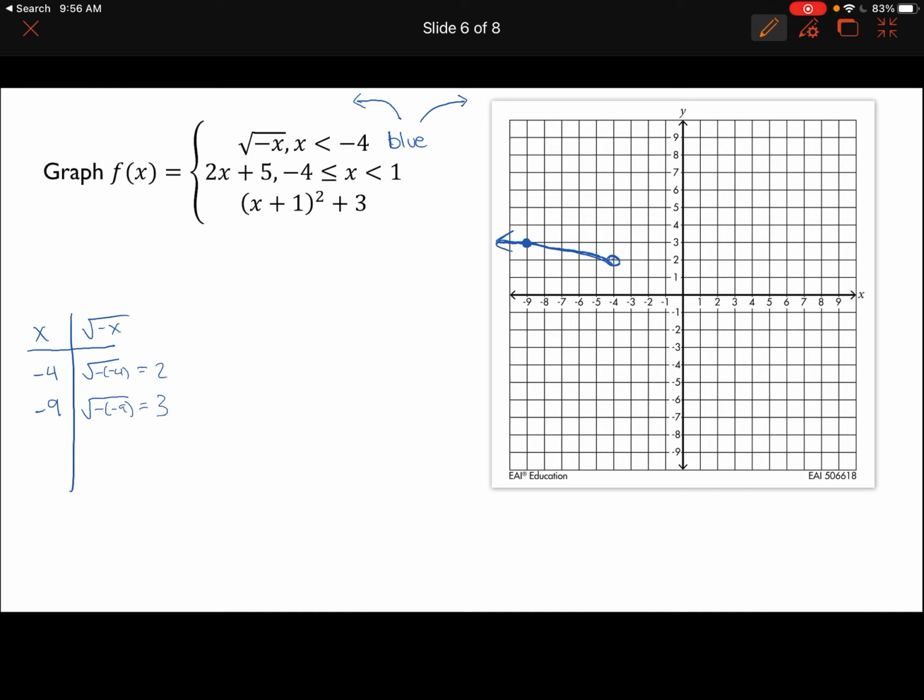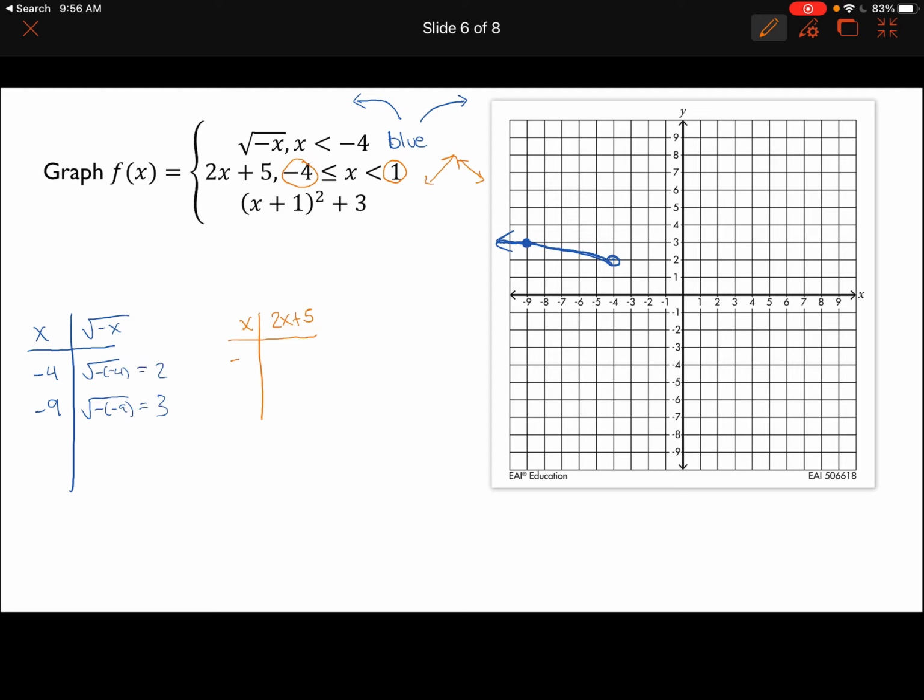So we're going to have x, and we have the equation 2x plus 5. And since it's a line, remember, all lines are either going to do this or they're going to do that. And you only need 2 points to make a line. So we're just going to use the -4 as an x value and the 1 as an x value.